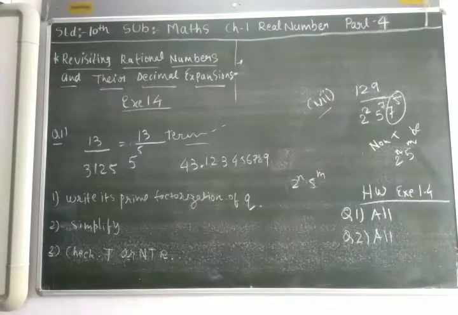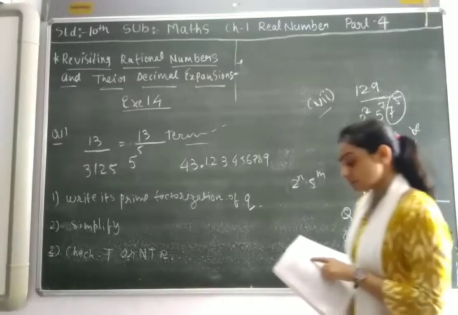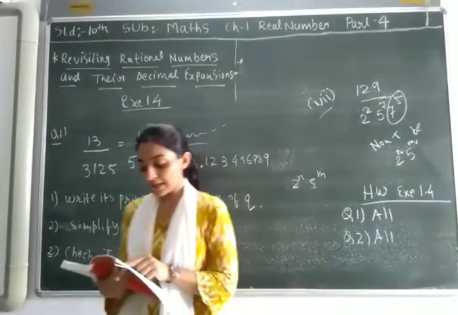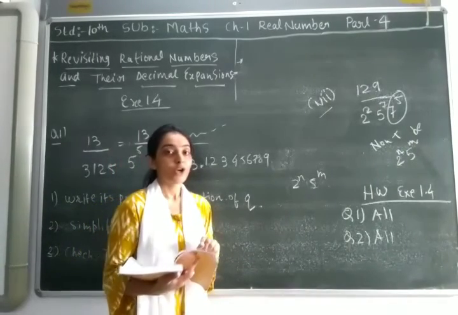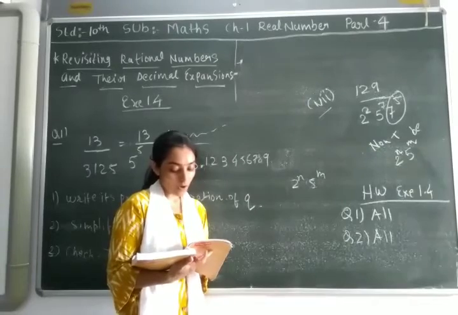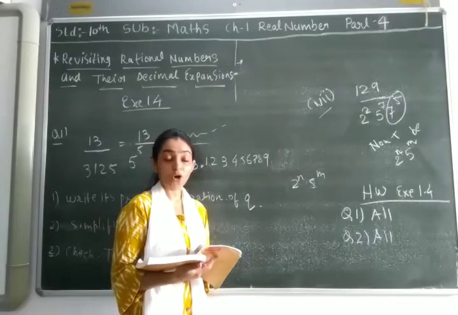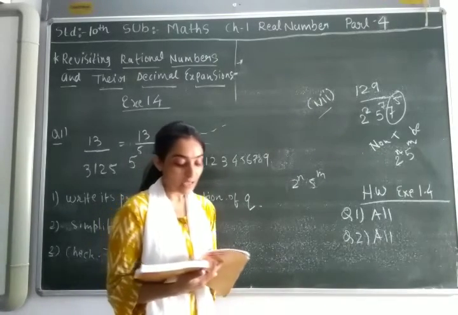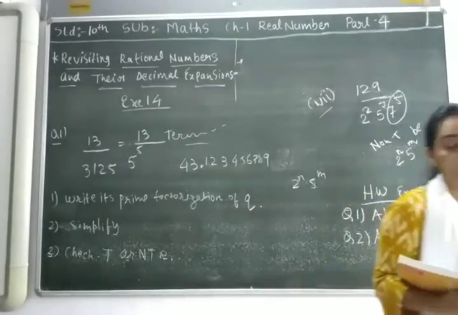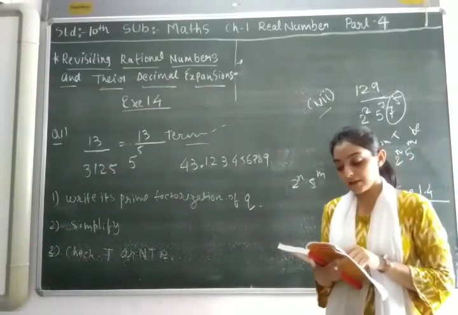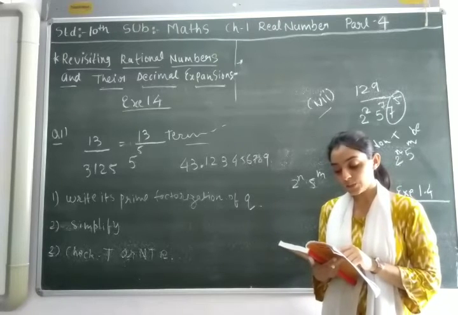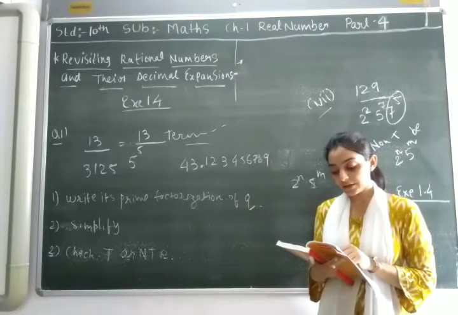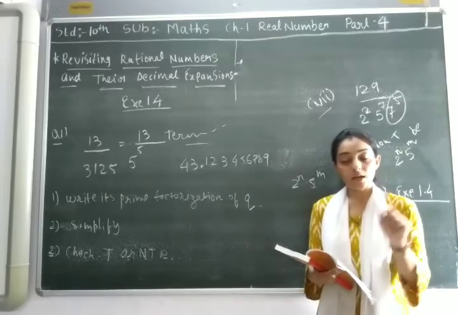Now the second one has dots at the end. So we can say it's non-terminating and non-repeating, because no elements repeat: 0.120120012000120000 and so on.